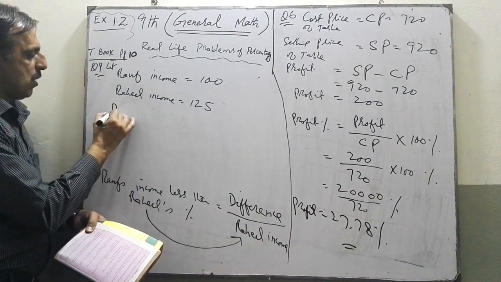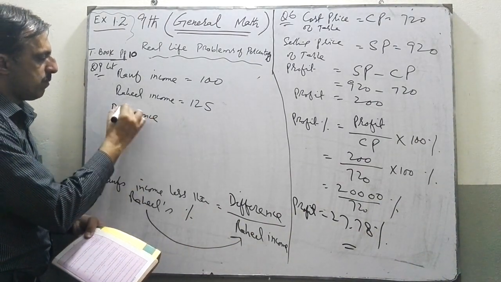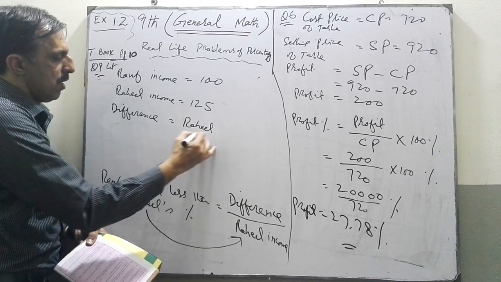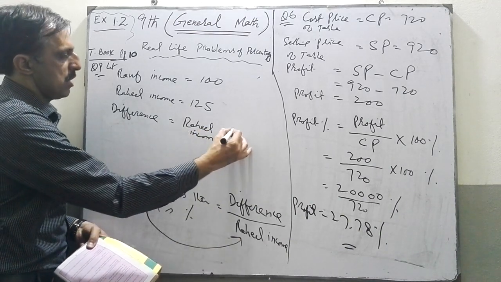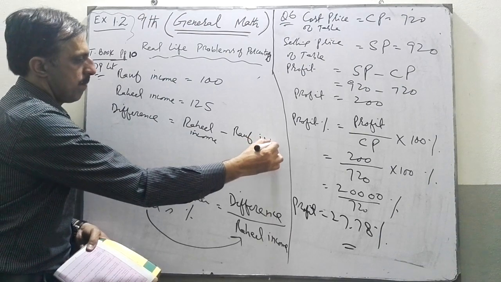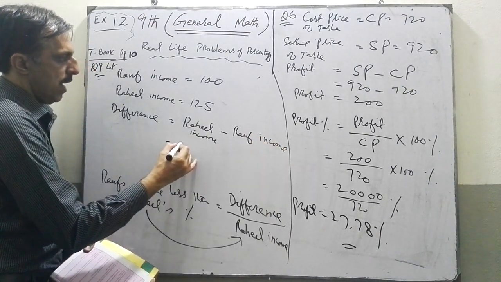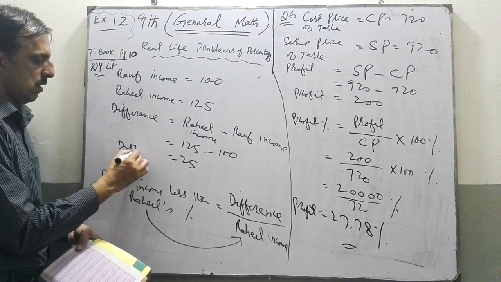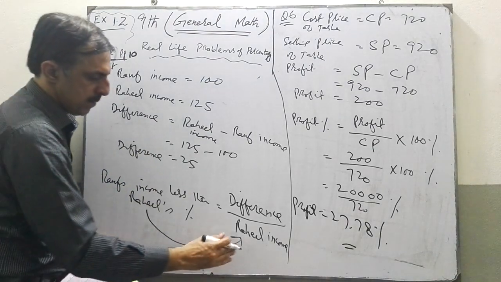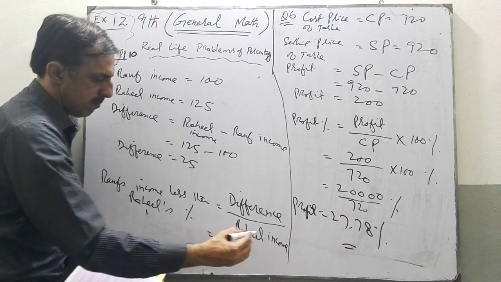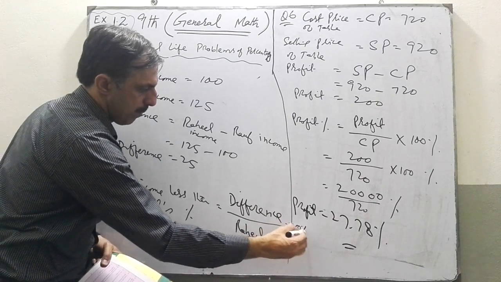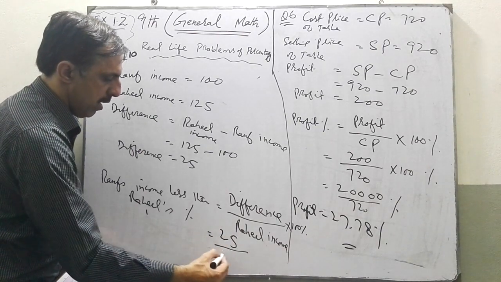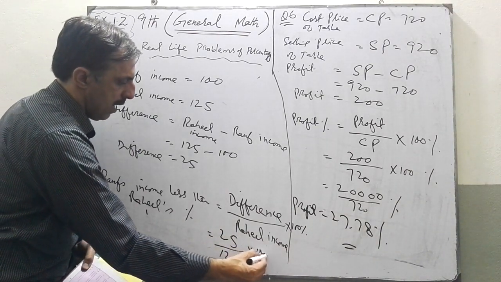Now we will find the difference. Difference means higher value minus lower value: Raheel's income minus Rauf's income, that is 125 minus 100, which is 25. This is your difference. Putting the values in, that is 25 over 125 multiplied by 100%.